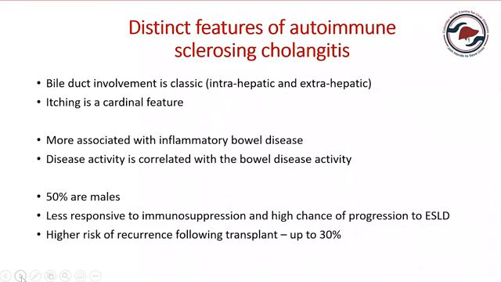So controlling the bowel disease activity would definitely be beneficial to control the liver and bile duct injury. The disease is quite equally distributed among males and females, in contrast to autoimmune hepatitis, where more females are affected. Sclerosing cholangitis is less responsive to immunosuppression compared to pure autoimmune hepatitis, and they have a higher chance of progressing to end-stage liver disease early.